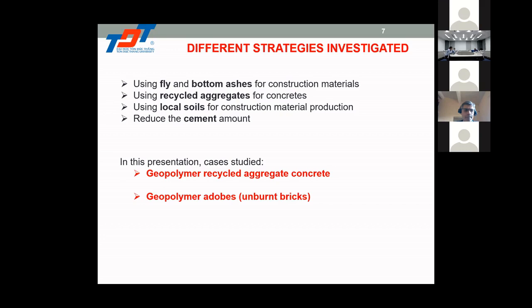And the fourth is to reduce and replace the cement amount in construction material. Due to the limited time in this presentation, I will present two case studies. The first one is geopolymer recycled aggregate concrete, and the second, just a short one, is the geopolymer Adobe, a type of unburnt bricks.